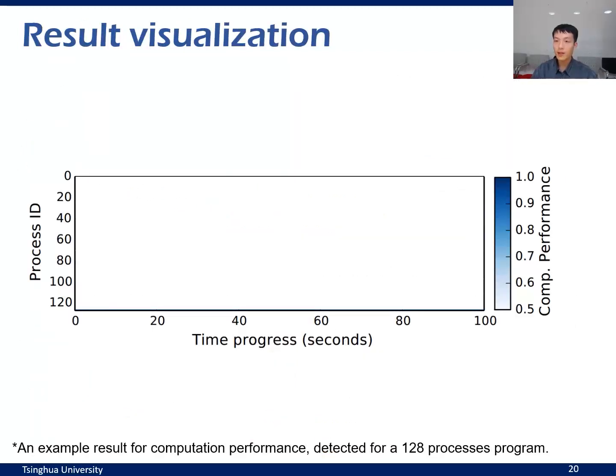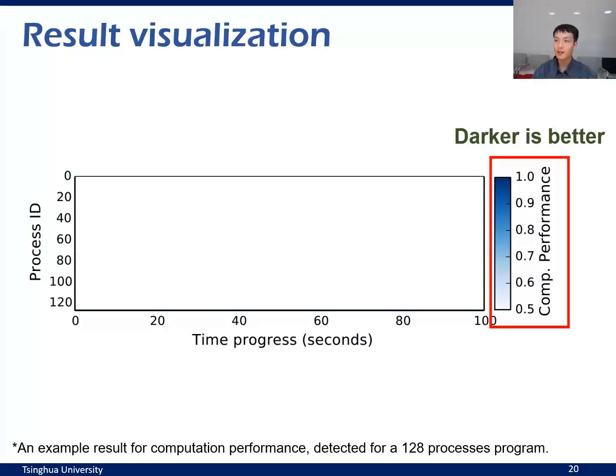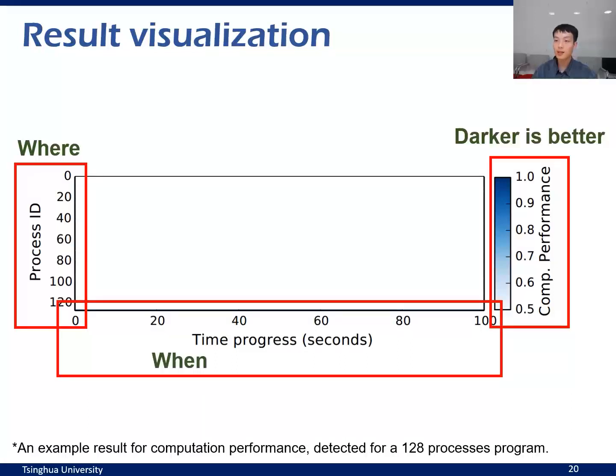The final detection results look like this. We use a color scale to represent relative performance. The darker color means higher performance, and the white color means low performance. The vertical axis is the process ID, which indicates where the performance variance is. The horizontal axis is the time progress, which tells us when the performance variance occurs and how long it lasts for.